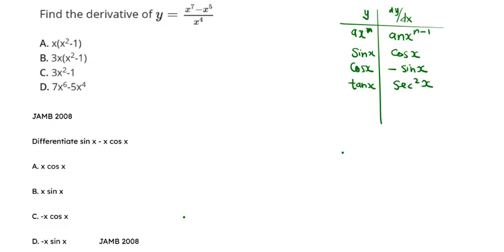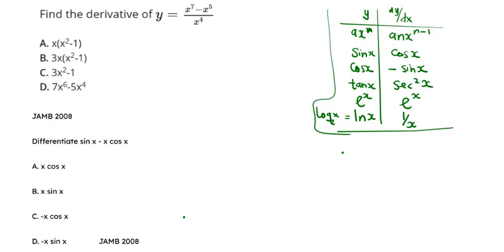If you differentiate exponential x, you still get exponential x. If you differentiate ln x, also written as natural log of x, you get 1 over x. You should be familiar with these common differentiations.